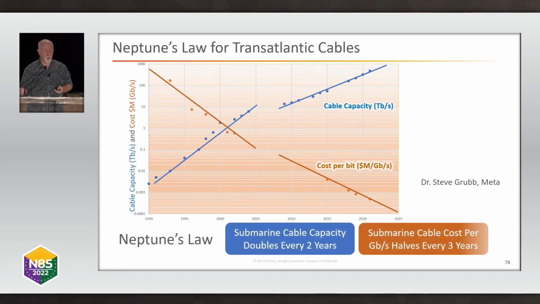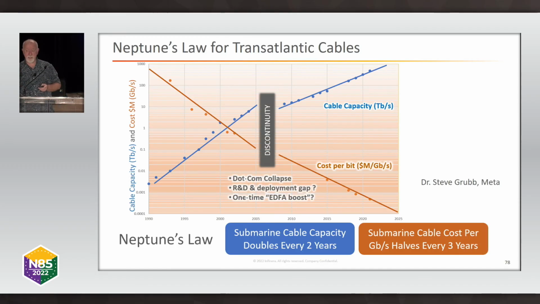So Neptune's law says that submarine cable capacity roughly doubles every 2 years, and that the cost per gigabit per second will halve every 3 years. And you can see that there's a discontinuity there. And the way that Steve explains that discontinuity, he says, well, you think about the timing of the dot-com collapse, there wouldn't have been a lot of investment after that period in submarine cables.